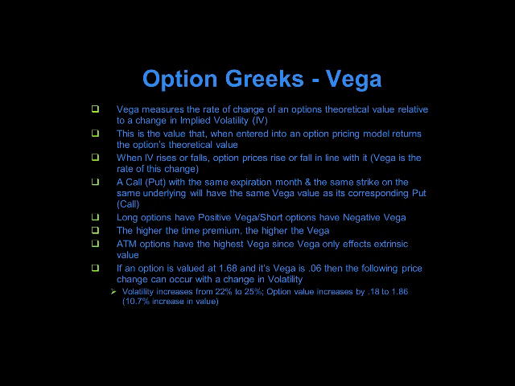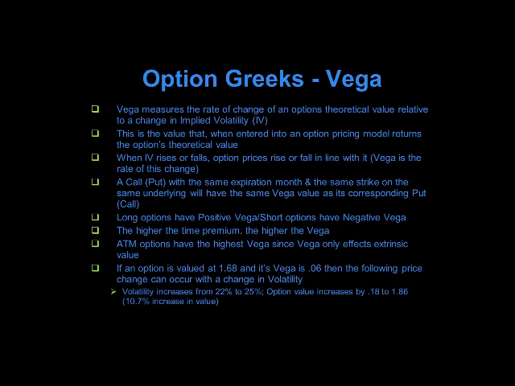If you've got a Vega of 0.06, your option value increases, if you're long a call, by 0.18. So your option value goes from 1.68 to 1.86. It goes up by the amount of your Vega, assuming everything else stays the same, right?